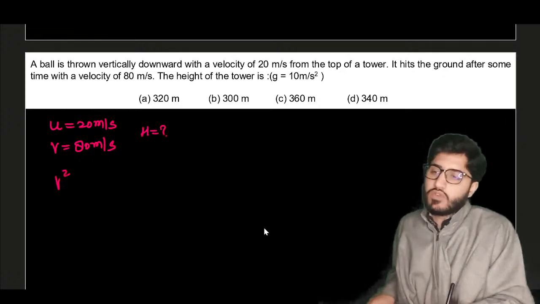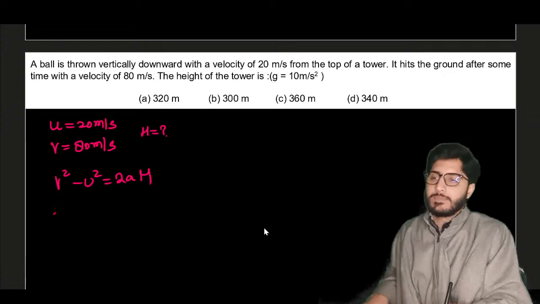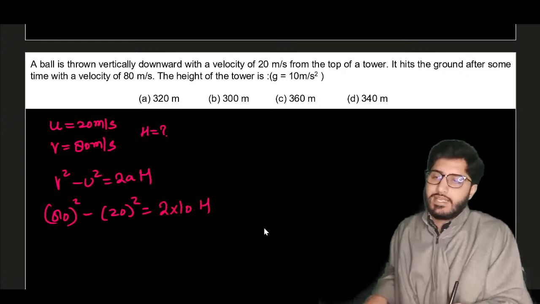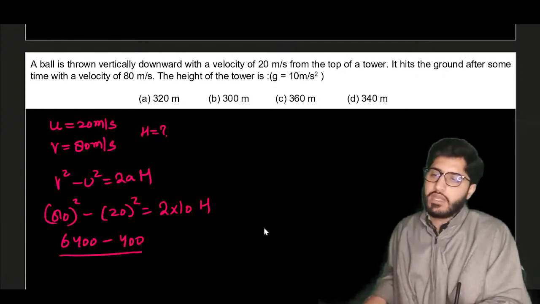We know that v square minus u square equals to 2 times a and height. Right? What is v? 80. So I can write 80 square minus 20 square equals to 2 into 10 into height h. It is 6400 minus 400 divided by 20 equals to h.